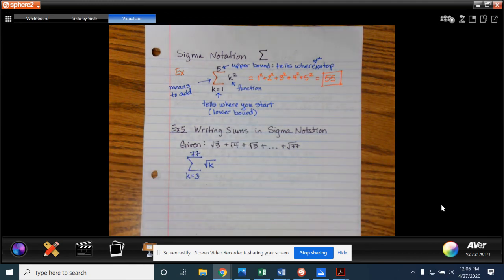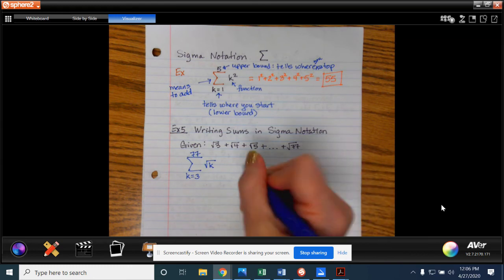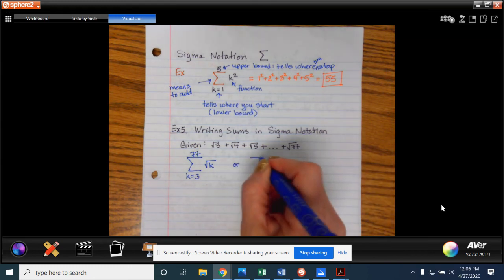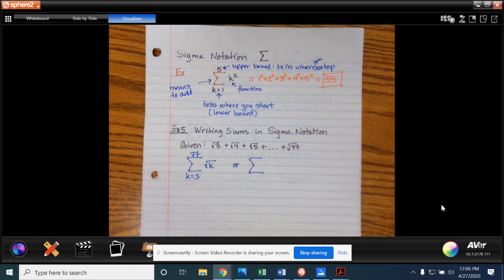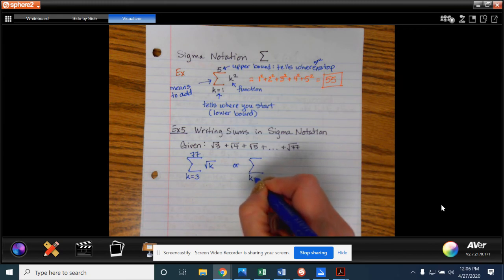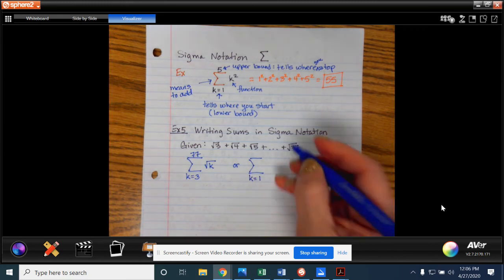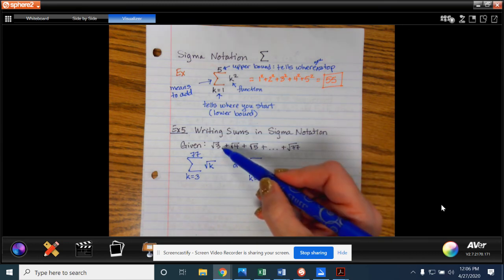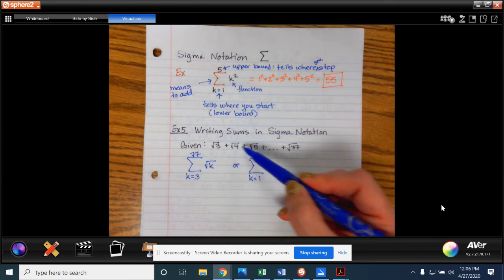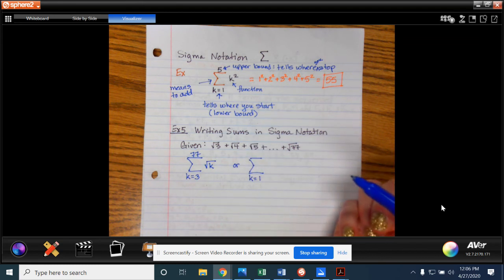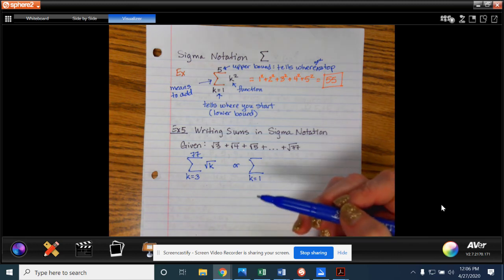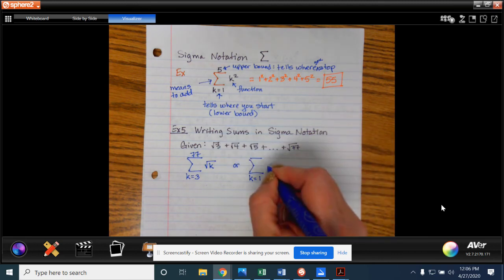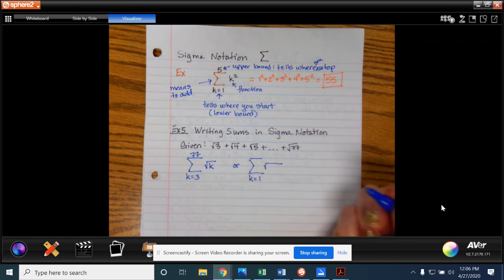We can also say, well, what if I want to start at 1? There's a couple ways again. That's the awesome thing about math. There's sometimes many ways to the same answer. Well, if I want to start at 1, what would my function need to be? Let's test it.